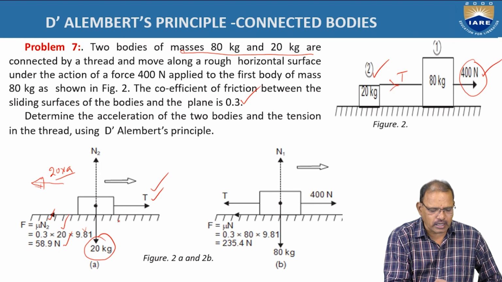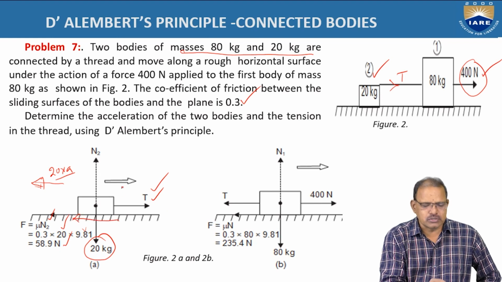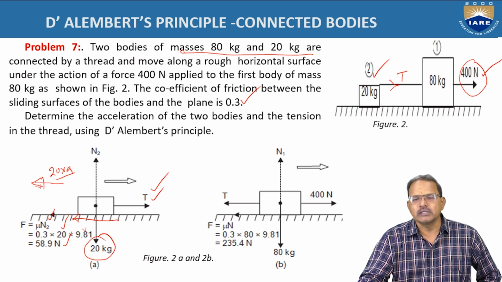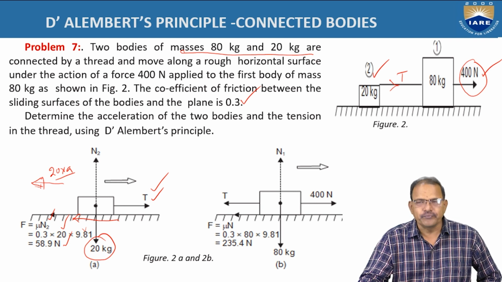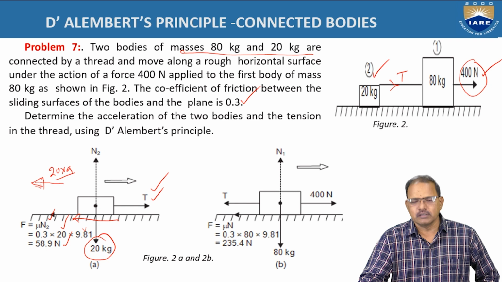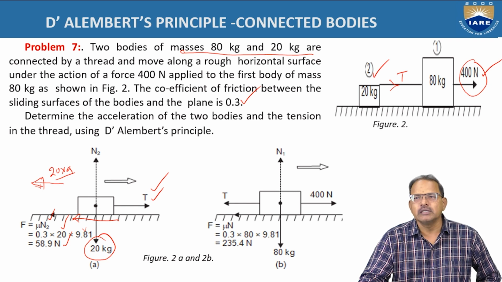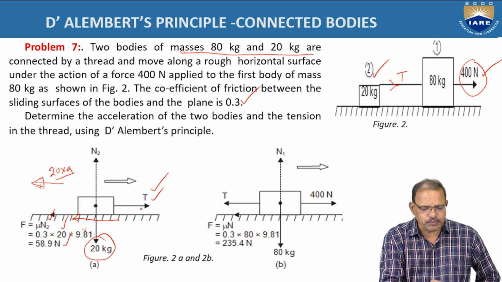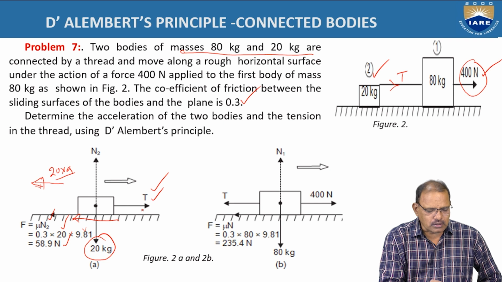The friction force is again acting in the opposite direction. Here, the vertical forces, the weight as well as the normal reaction, are balanced with each other. When applying D'Alembert's principle, generally it is in the direction of motion of the body, so right hand forces are assumed positive and left hand forces negative.